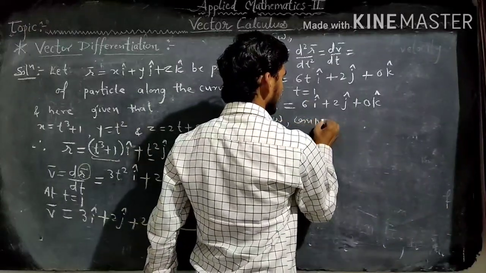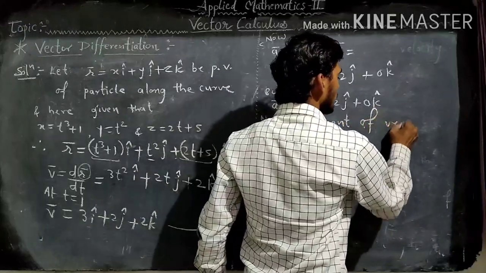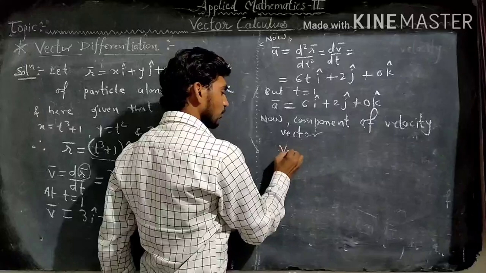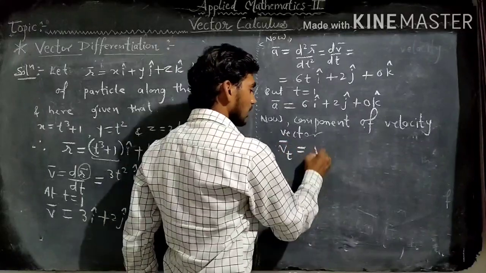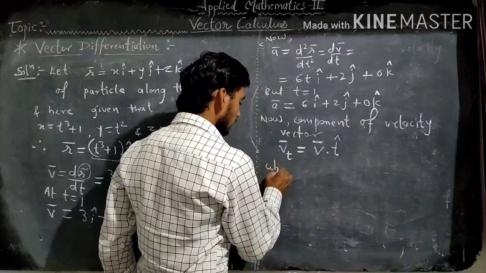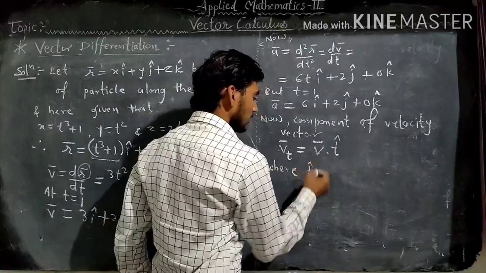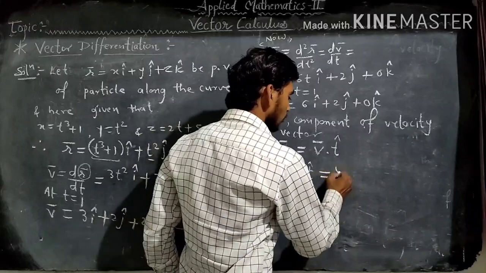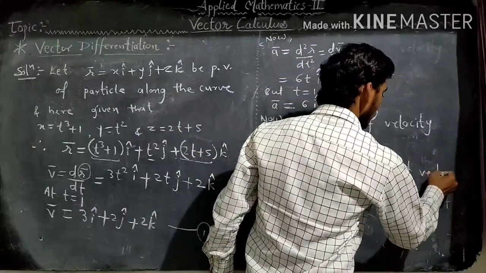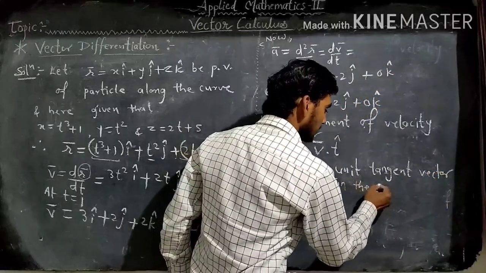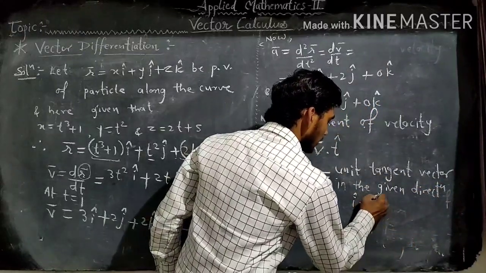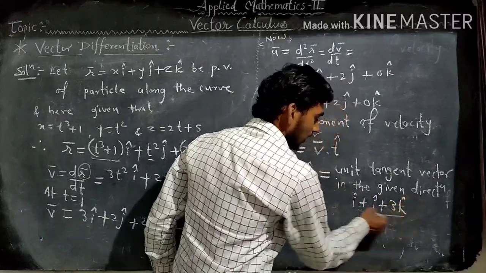Component of velocity vector is given by vt, that we have denoted, which is the dot product of velocity vector with unit tangent vector t, where t is the unit tangent vector in the given direction, i plus j plus 3k. This direction is given in the question.